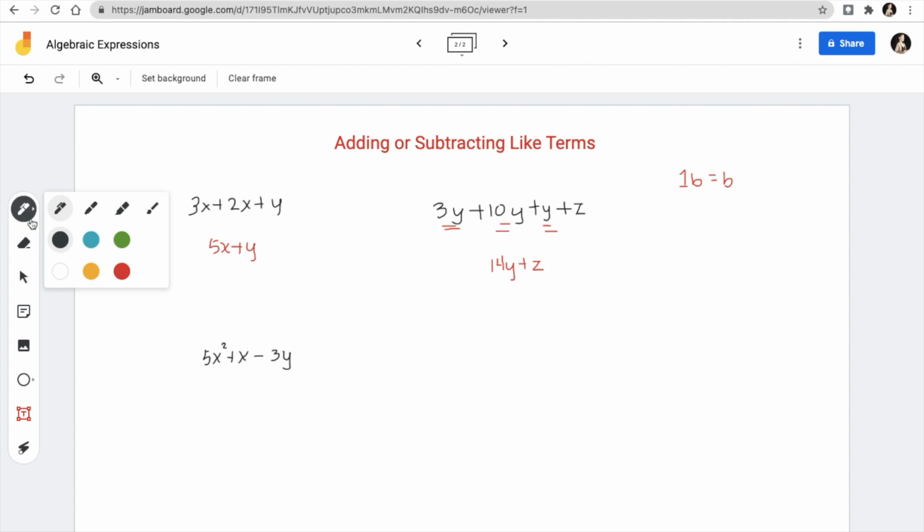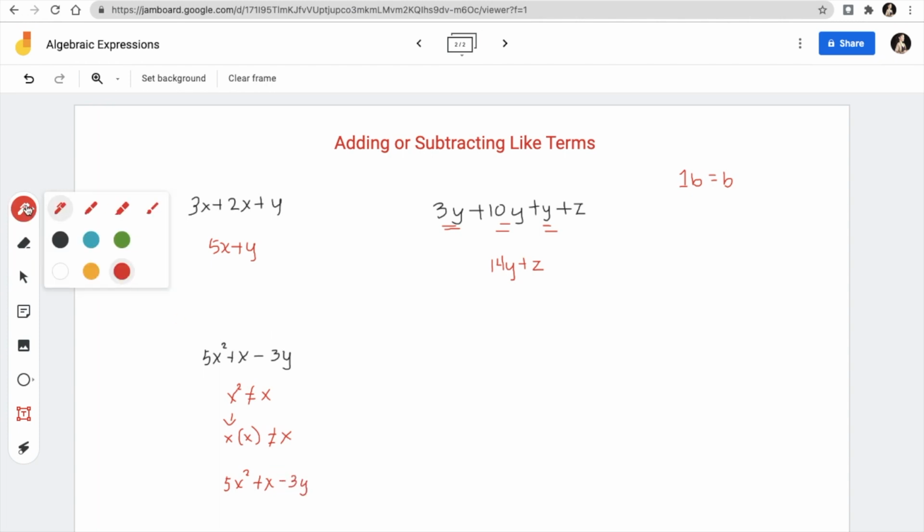Because the first term has an x and the second term also has an x, you would automatically assume that they are the same and write it down as 6x. No, you cannot do this because x squared is not the same as x. Technically, x squared is x times x, which is not x. So in this case, the answer is just 5x squared plus x minus 3y.